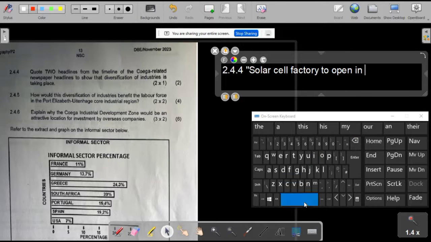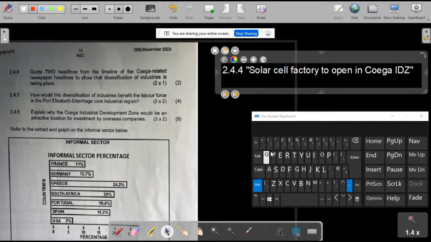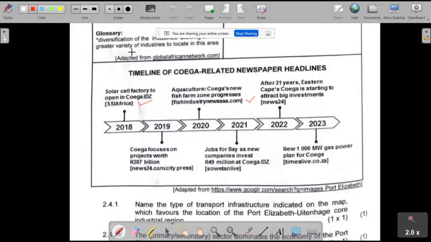I'm not sure if that's the exact wording, I'll double check though. IDZ, I think that was it. Let's just double check. Yes. And then the second one, aquaculture.